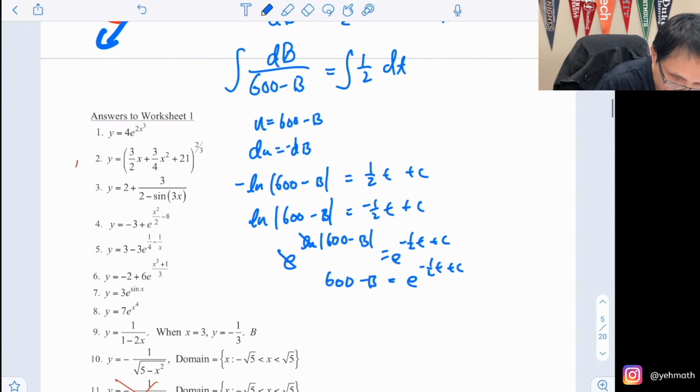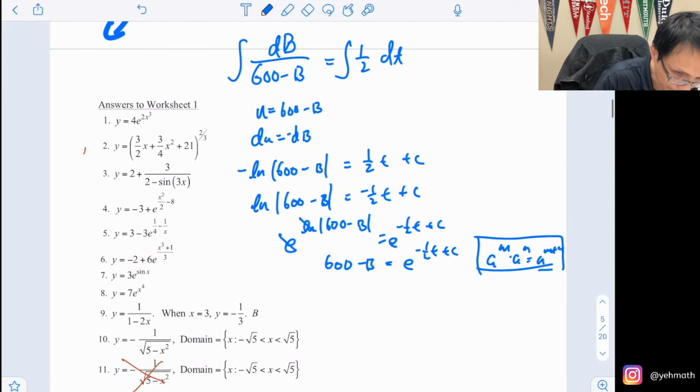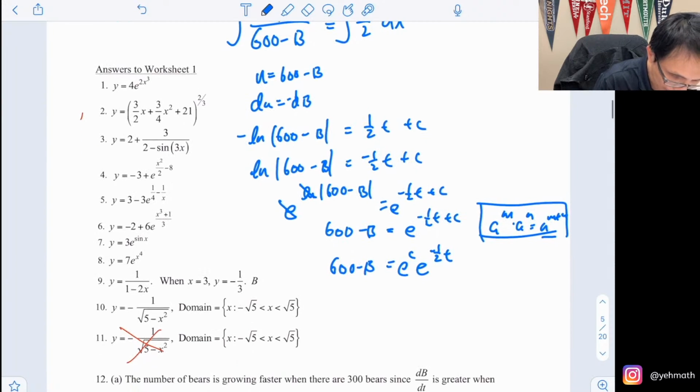Now this one is a to the m times a to the n equals a to the m plus n. This only happens when you e to both sides. You get e to the c, therefore it's going to be e to the c times e to the negative half t equals 600 minus b. Now, a lot of people say they don't understand that part.